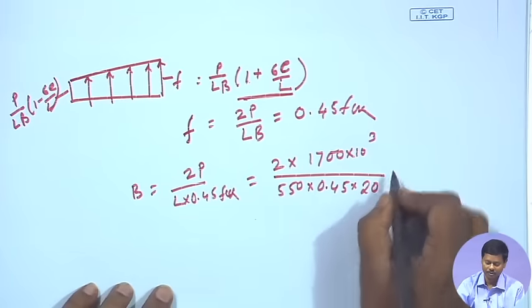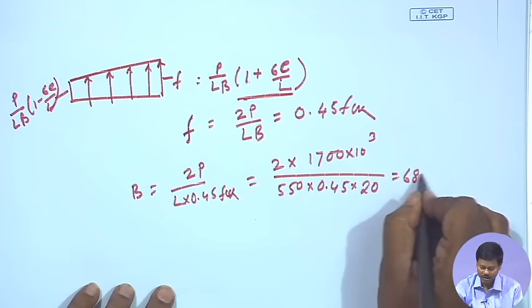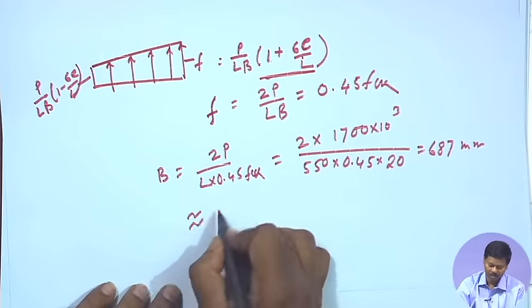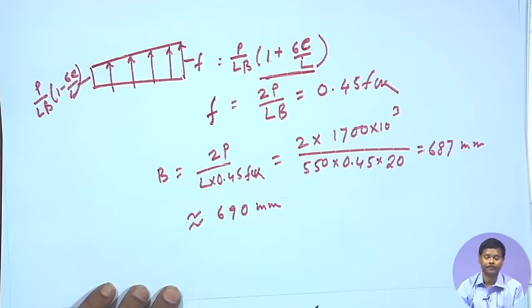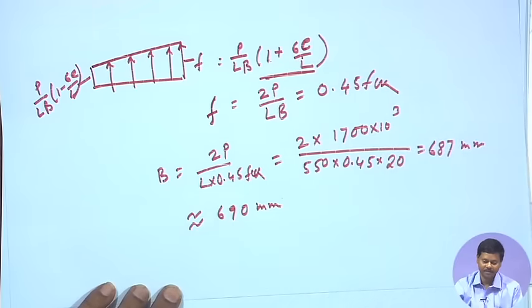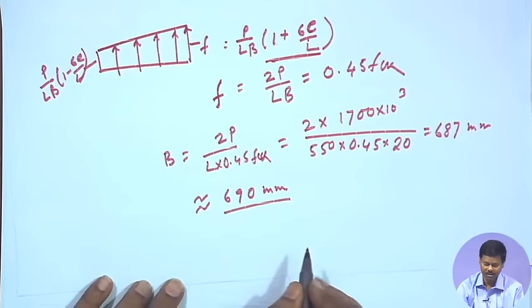This is becoming 687 millimeter. So, we can provide B as 690 millimeter. So, the dimension of the base plate in one direction we can provide is 690 millimeter.